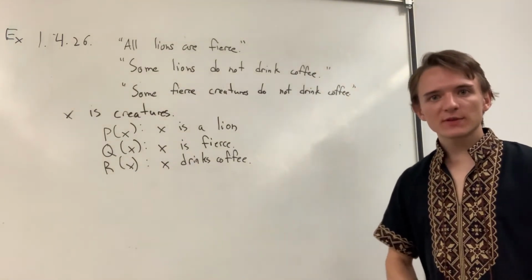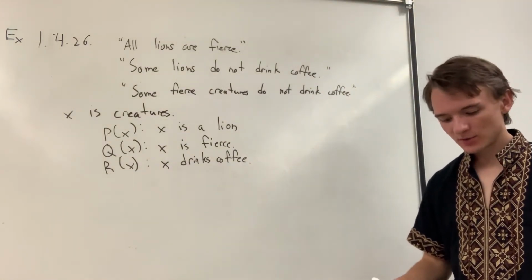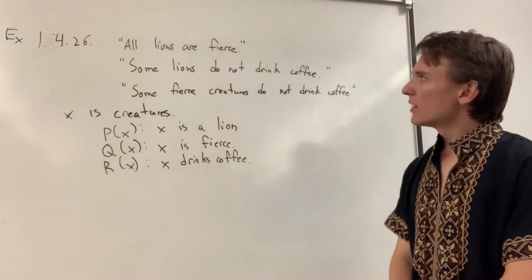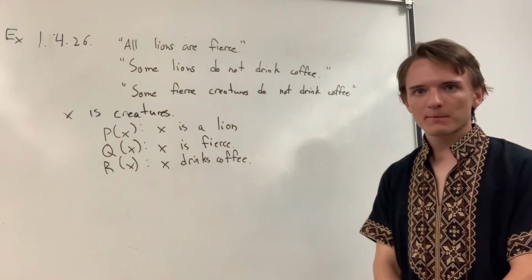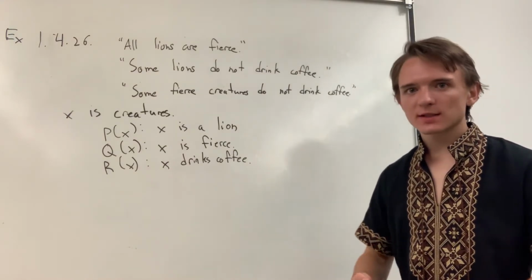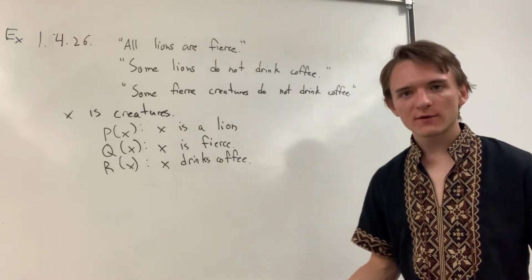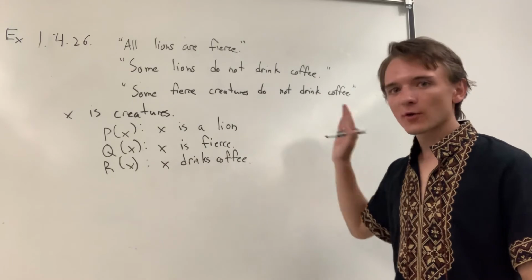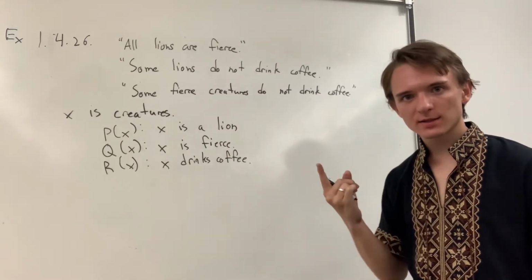So now we have to put things together using various laws. The first premise reads, all lions are fierce. Well, we have the word all, and when we have the word all, we know it's a universal quantifier, because it's true for all creatures which are lions and are fierce.